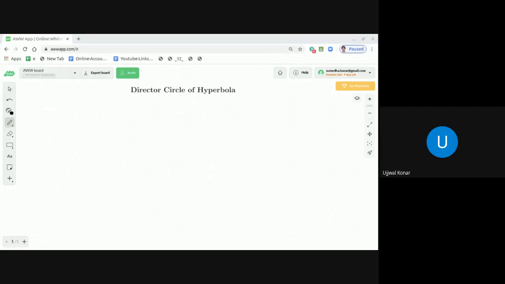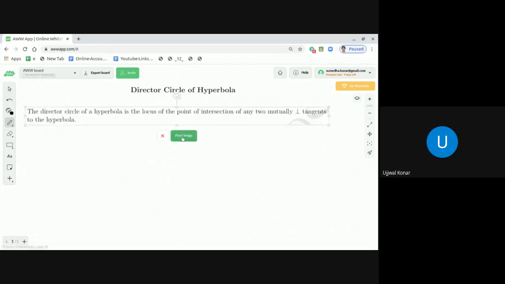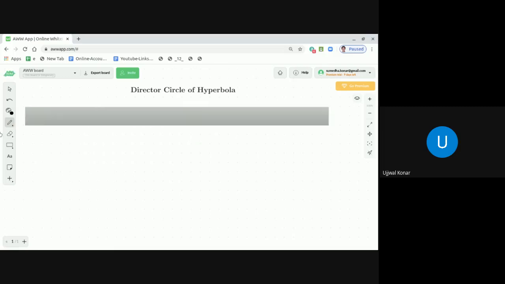As it is similar to ellipse, where I explained the director circle in detail, it is on similar lines for hyperbola as well. So I'm just making this information, and we'll discuss the equation of the director circle.